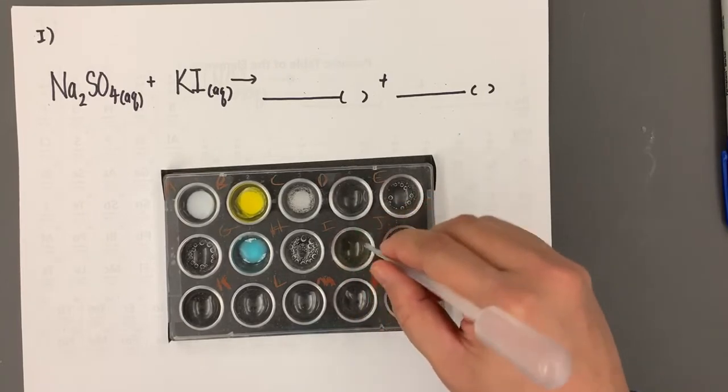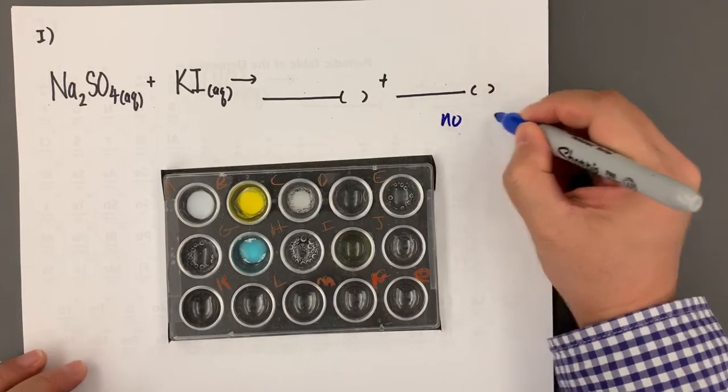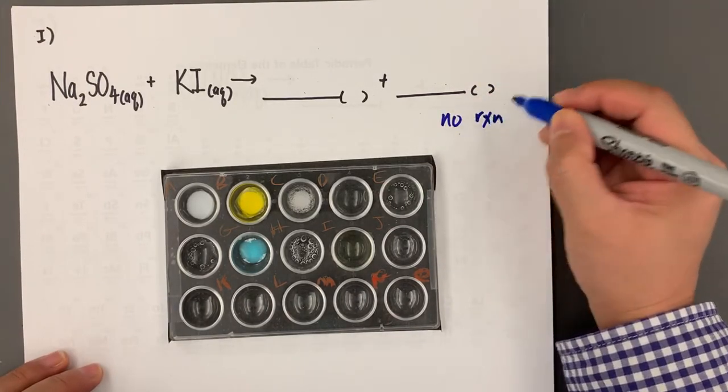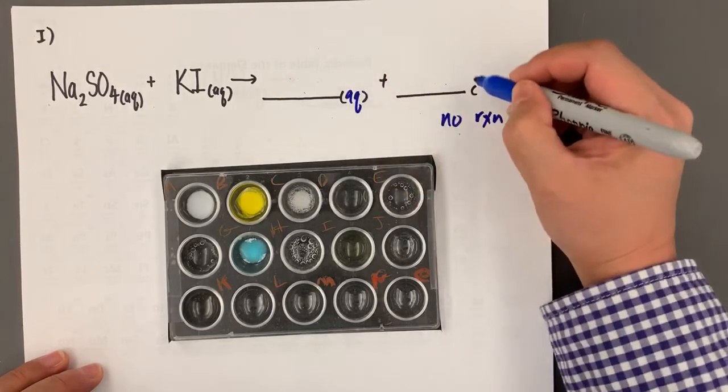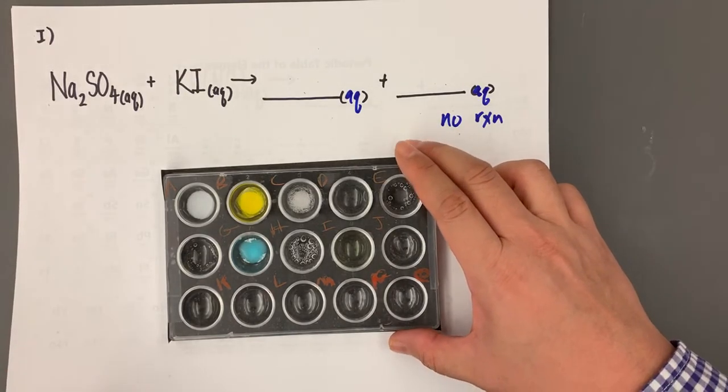So I would say this is also no reaction. When there is no reaction, again, I repeat, there should be an aqueous product according to the solubility rules. So sodium iodide should be aqueous, and potassium sulfate should be aqueous.